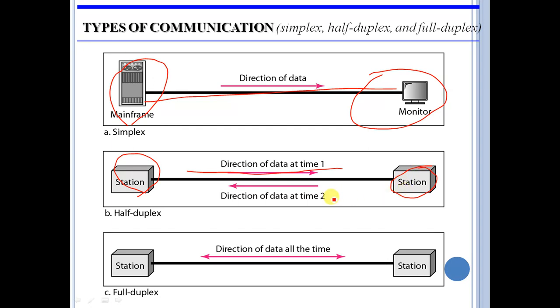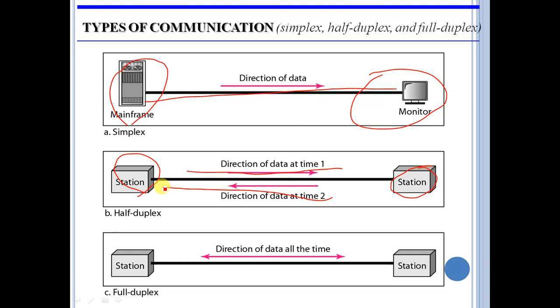Then station 2 is sending data on the same wire in a different direction but at a different time. So in half duplex, both stations can send data but not simultaneously. At a time, this system can either transmit or receive.